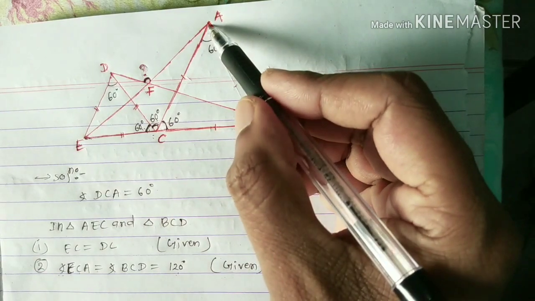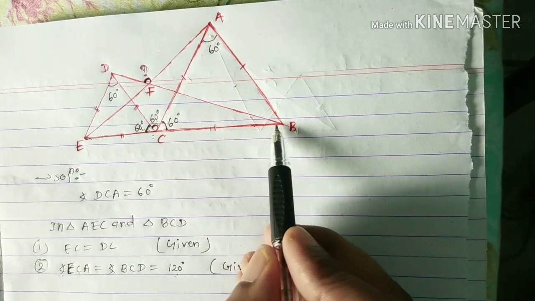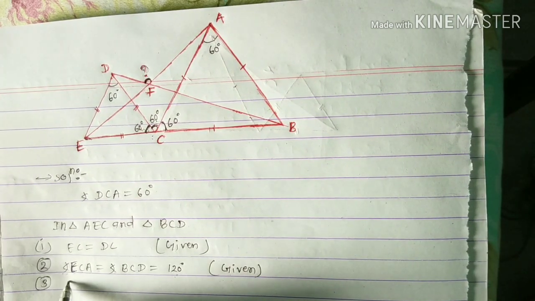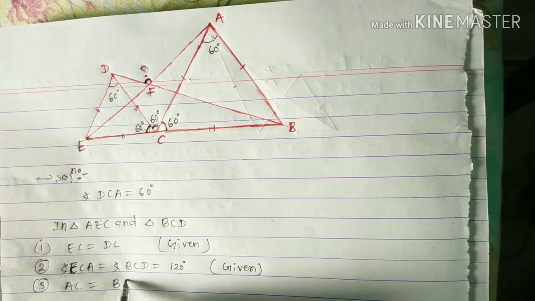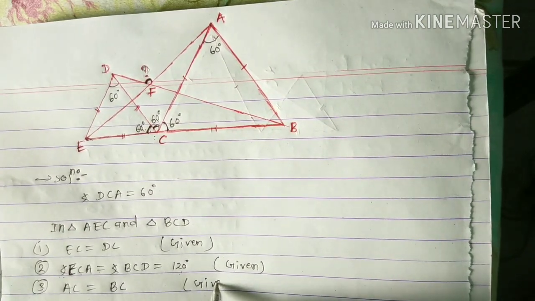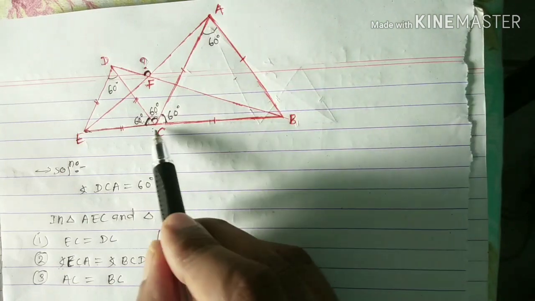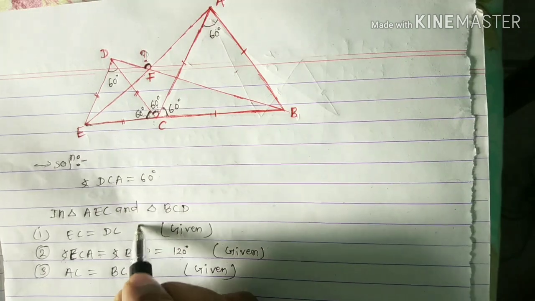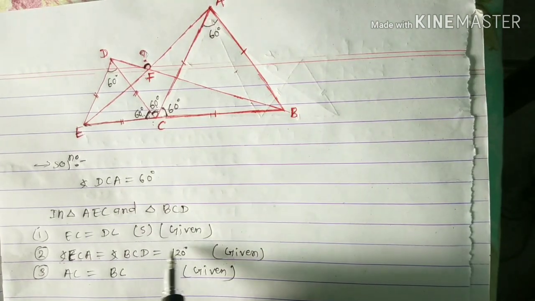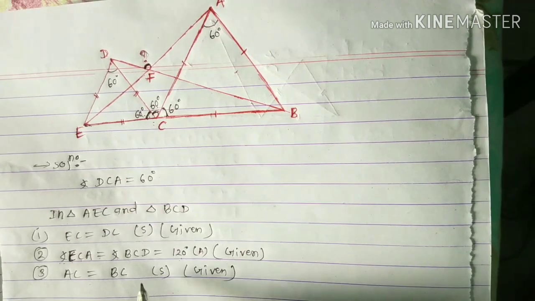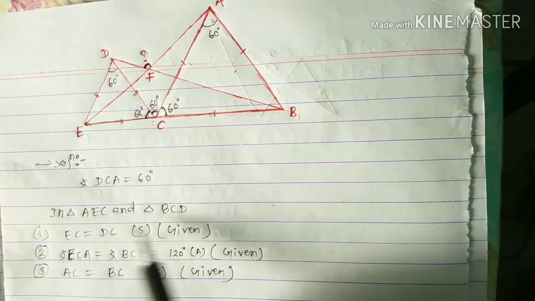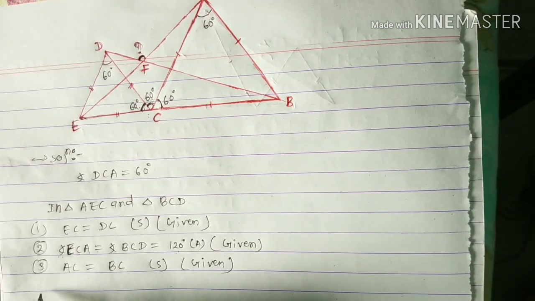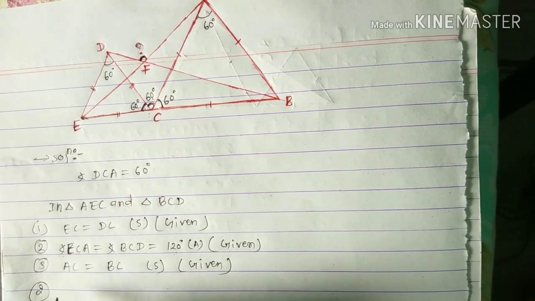Now the next thing, as you can see, side AC and side BC are equal. So we can write side AC is equal to side BC. This is also given, because the sides AC and BC both are sides of an equilateral triangle. So finally these two triangles become congruent by the SAS axiom, side angle side.